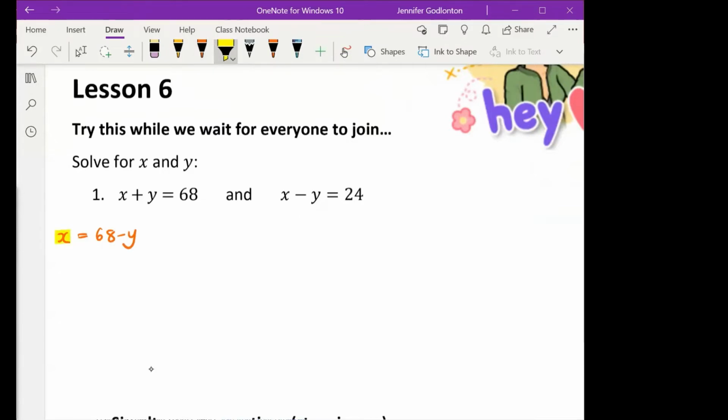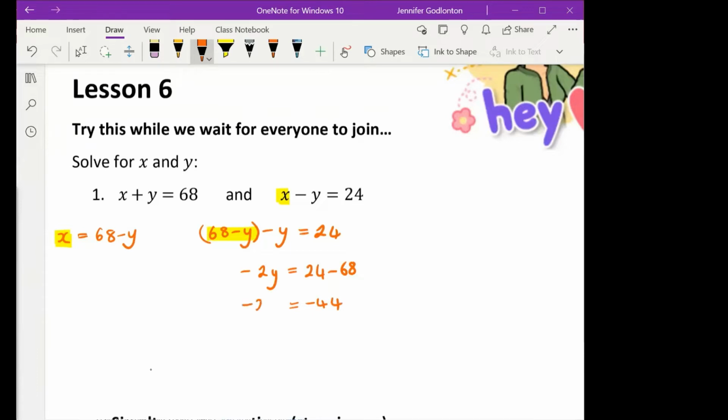And then I'm going to put that x in over there. So I'm going to say 68 minus y minus y equals 24, because that is my x value. Okay, so that's going to give me negative 2y, which is equal to 24 minus 68. And 24 minus 68 is going to give us negative 44.